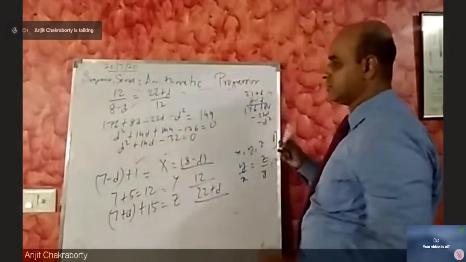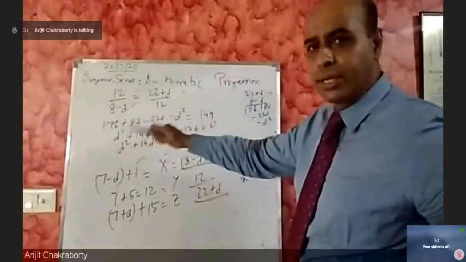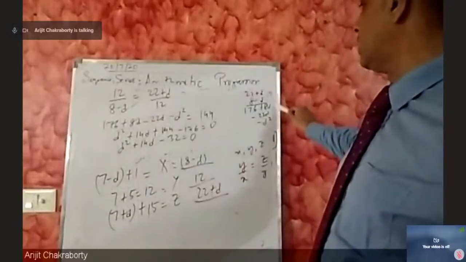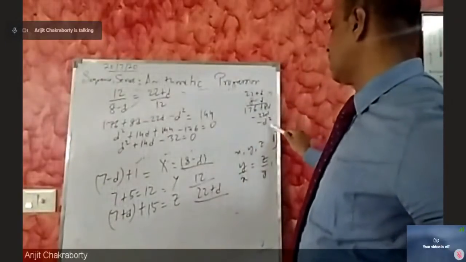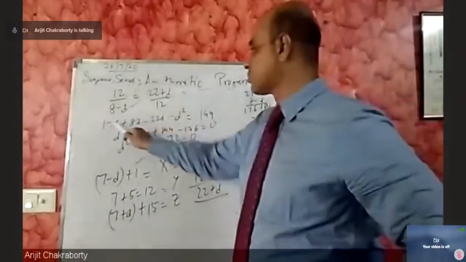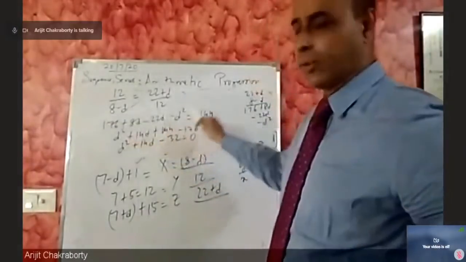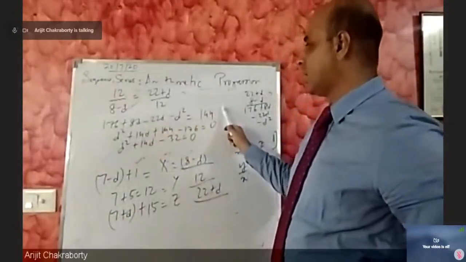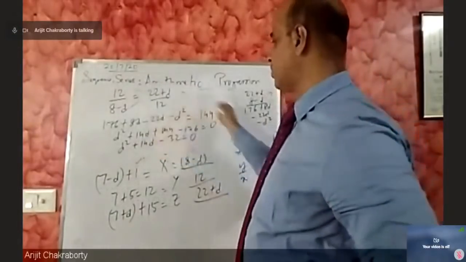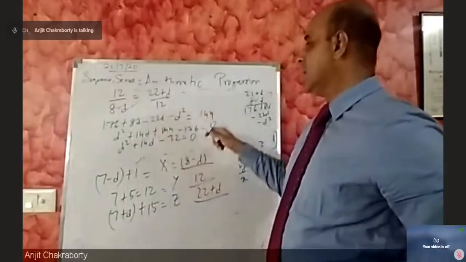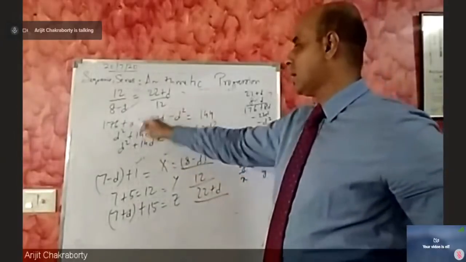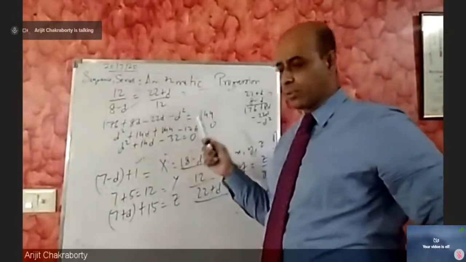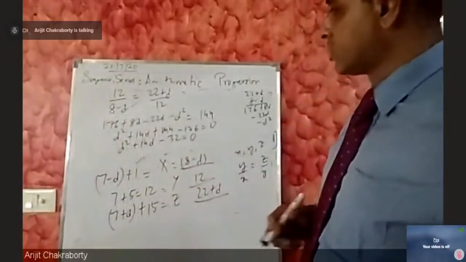Just checking, so many sign changes and side changes. 176 plus 8D minus 22D minus D square equal to 144. D square we are getting this side, minus 14D we are bringing to this side as plus 14D, plus 144 and minus 176. So D square plus 14D minus 32 is 0.